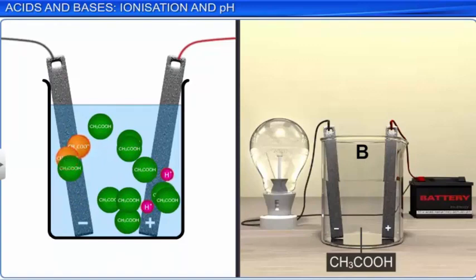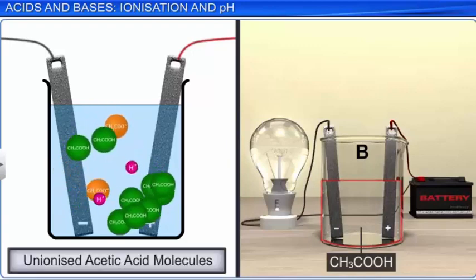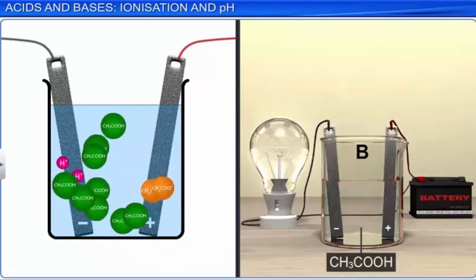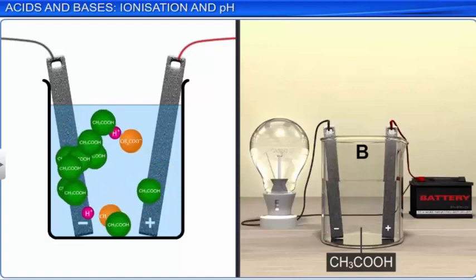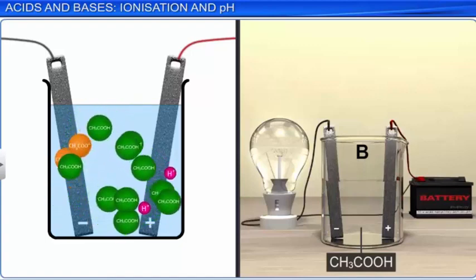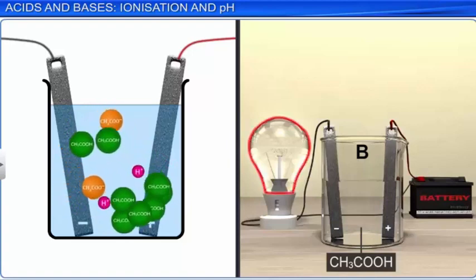Thus, the solution contains mostly unionized acetic acid molecules. Therefore, very few ions are available to conduct electricity, and so the flow of electric current is weak. Hence, the bulb glows very faintly.